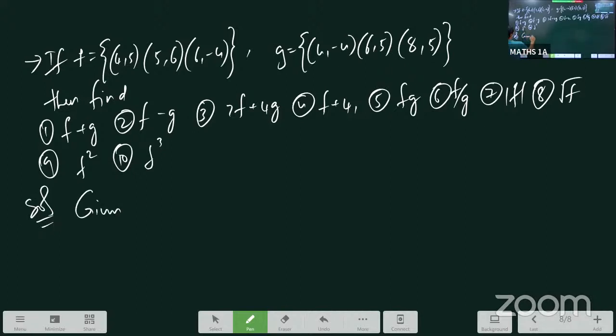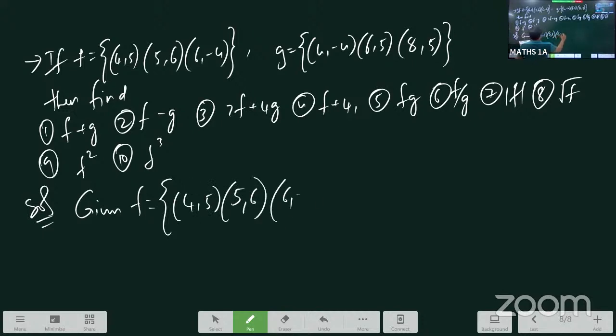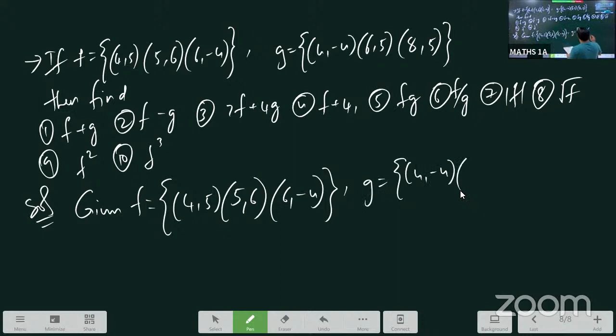Given f equal to {(4,5),(5,6),(6,-4)} and g equal to {(4,-4),(6,5),(8,5)}. Right?